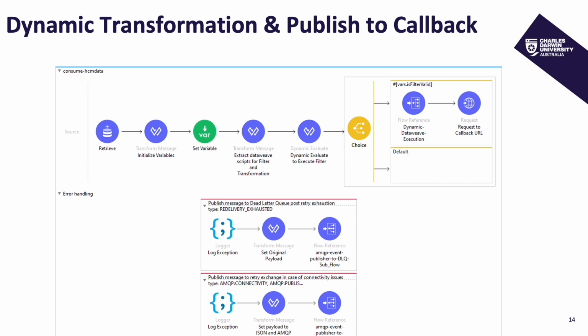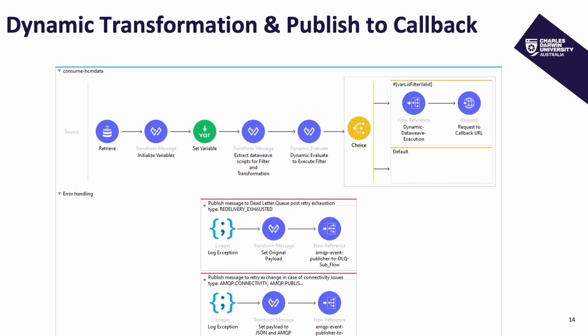It is only interested in those employees, those staff who are also a researcher within CDU. We were able to dynamically determine the filter using the same condition and using the same framework. All we had to do was to execute a DataWeave script which returned either a true or a false and then go on and continue in the flow.